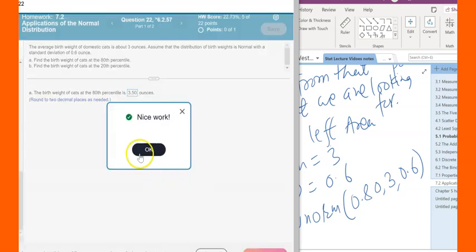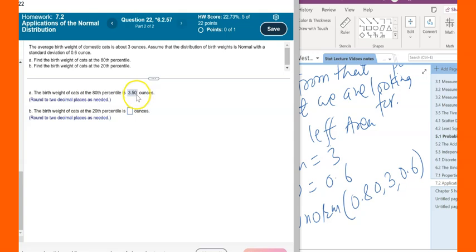Okay, what do you mean by that? That means 80% of the domestic cat birth weights are less than 3.5 ounces.